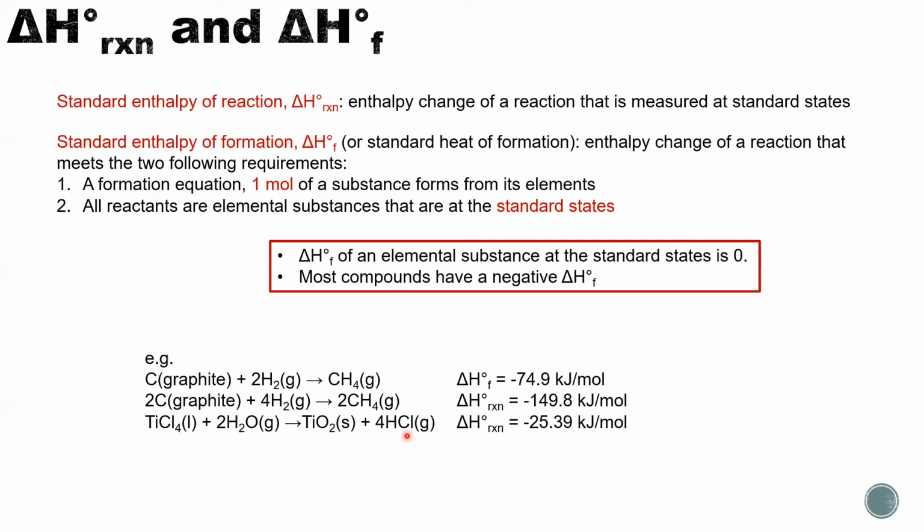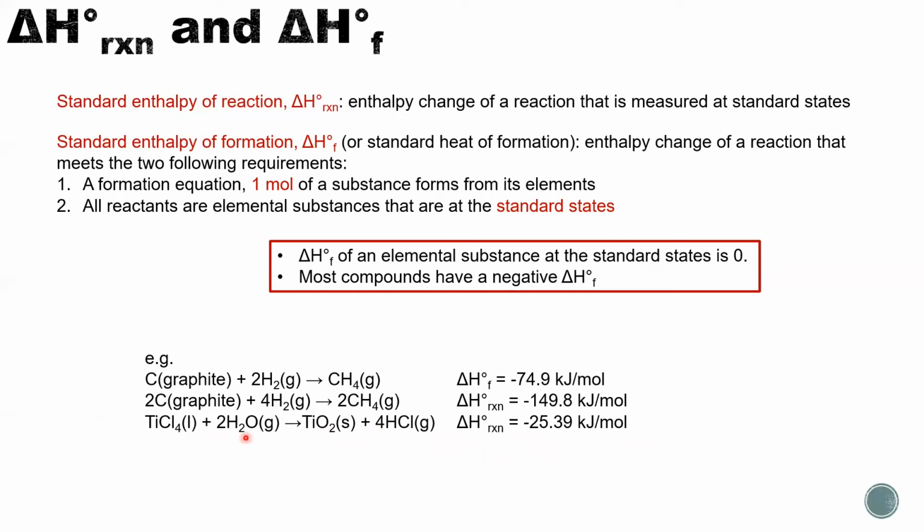For this reaction, because the reactants are not elemental substances, for sure we cannot use the standard heat of formation to describe this reaction. If they are all measured at standard conditions, we can say the reaction has a standard enthalpy of reaction of negative 25.39 kilojoules per mole.